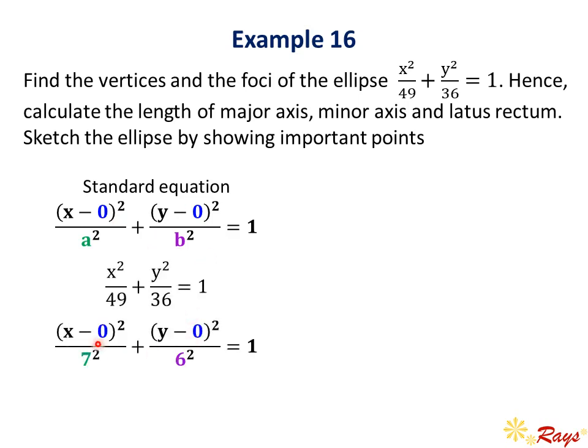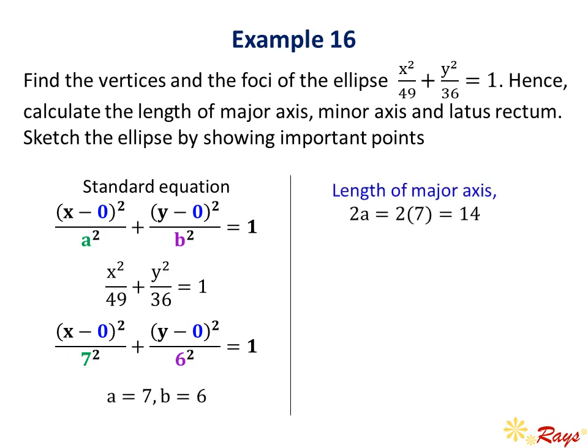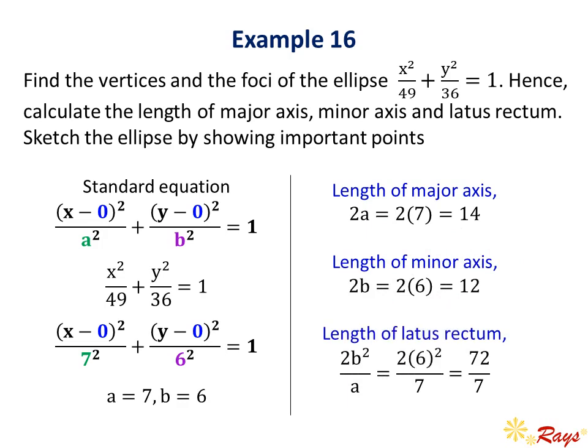So we can see here that the center is (0, 0), the value of a is 7 and b is 6. And we know that the length of the major axis is 2a, so therefore it equals 14. The length of the minor axis is 2b, so it equals 12. And the length of the latus rectum is 2b squared over a, which is 72 over 7.